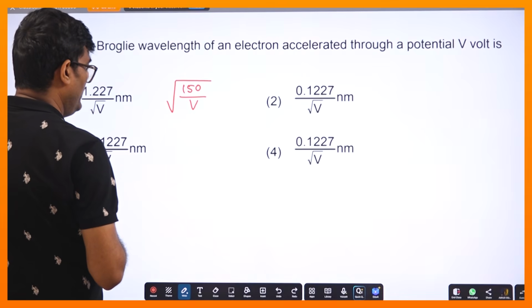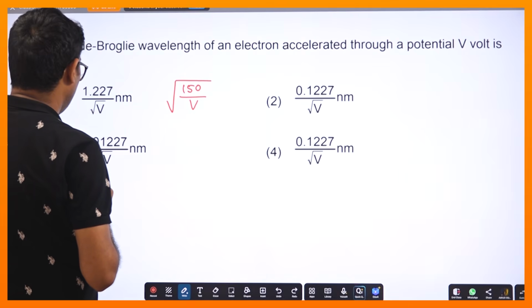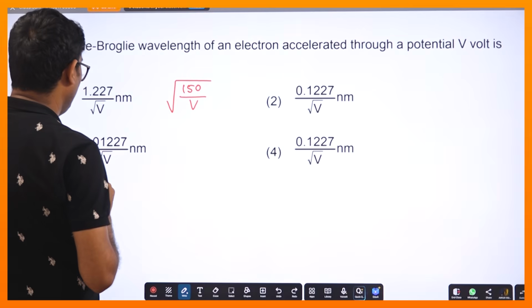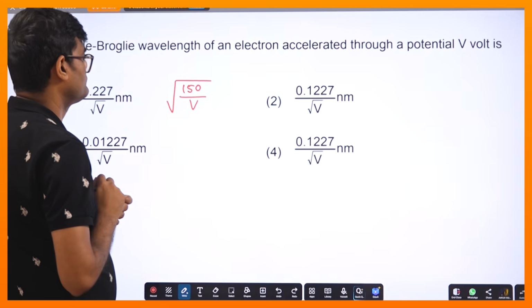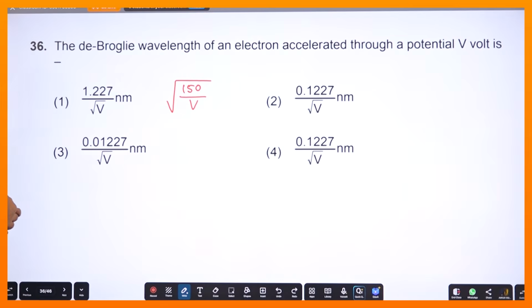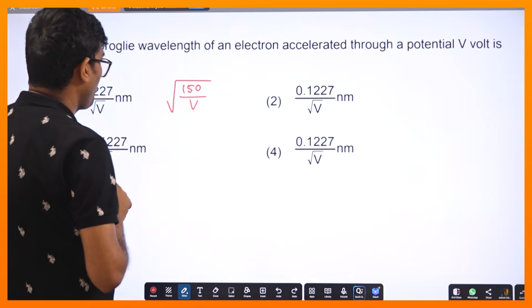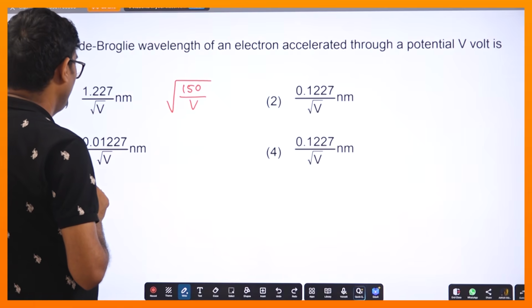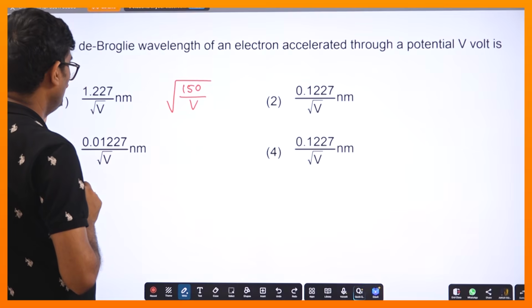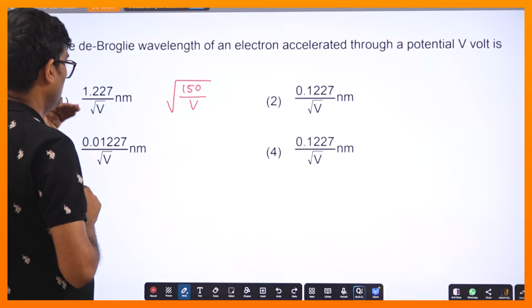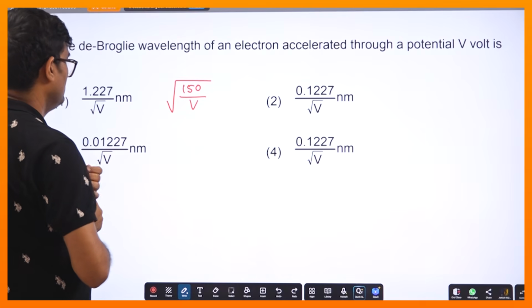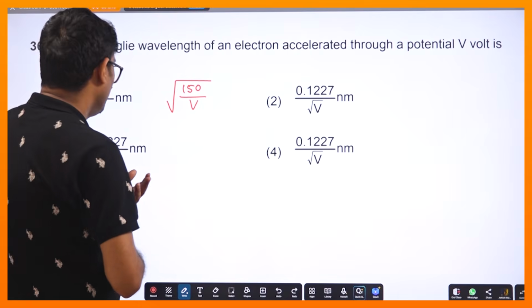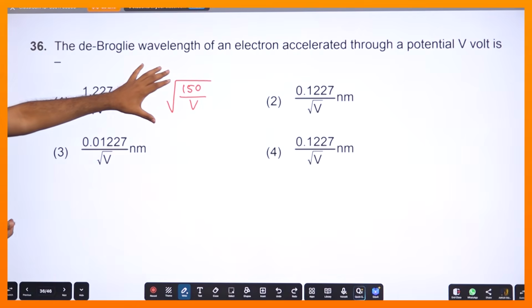So if you do it, root over of 150 by V, what is root 150? 1.22, nanometer or meter. You can check the calculations, right?